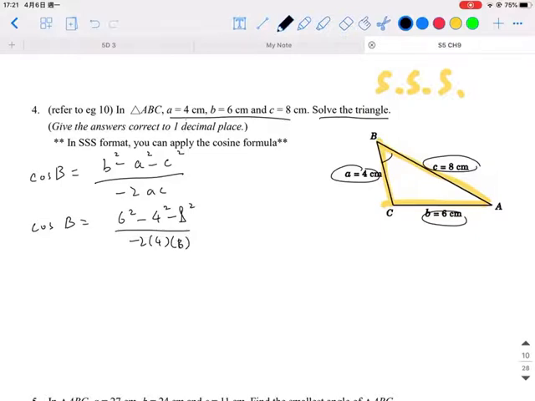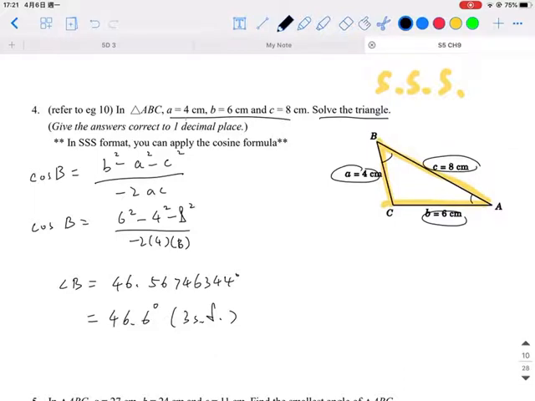Cosine of angle B becomes 46.56 something, which is equal to 46.6 degrees, 3 significant figures. Okay, this is the first part, and then for the second part I try to find angle A, by the sine formula.